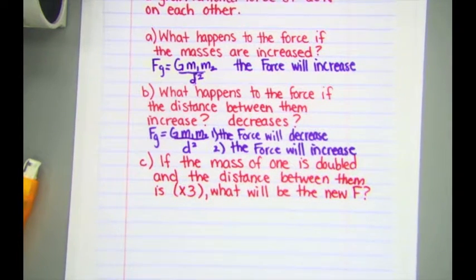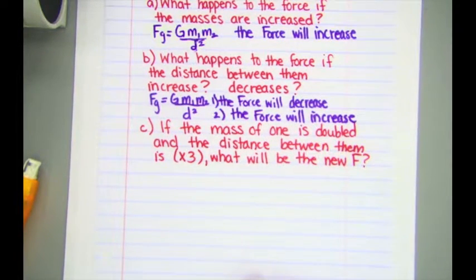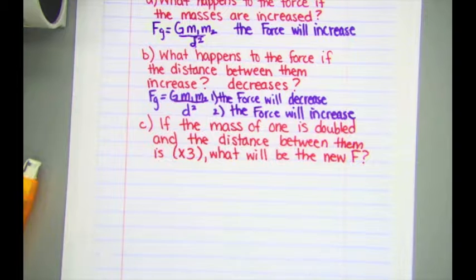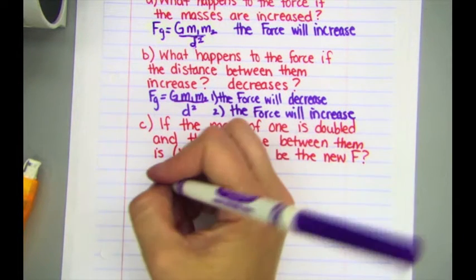All right, so now let's apply numbers to the situation. Okay, if I double one of the masses and I triple the distance, meaning times 3, how will it affect my force? First, plug it in.